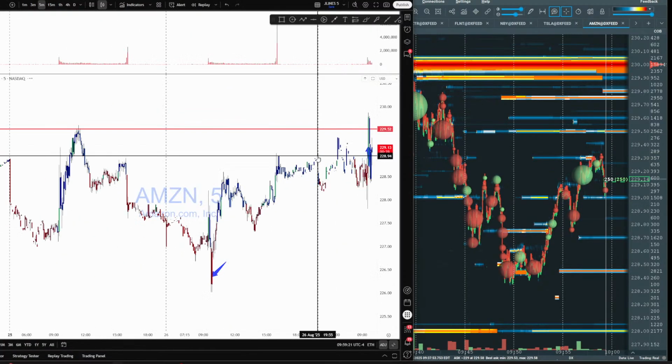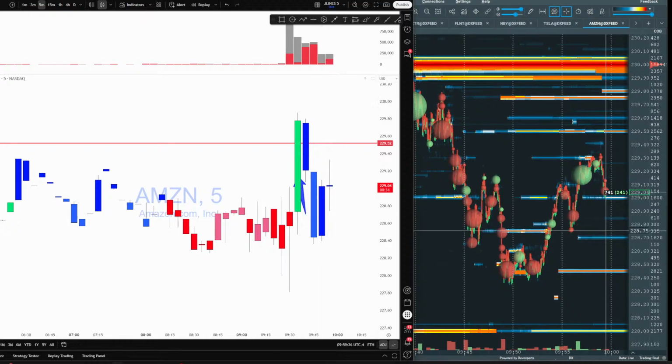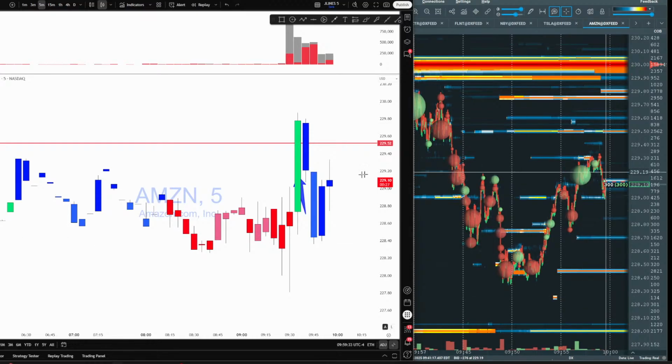Back over here watching Amazon. So near that resistance. But again, ES and NQ are still bearish. So avoiding too long for now.